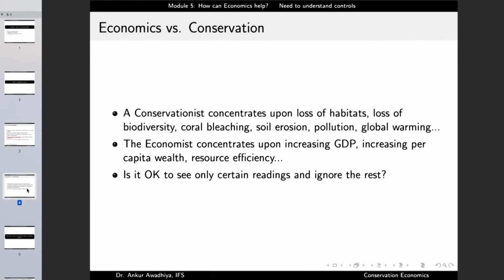Now, similarly, when we talk about economics or when we talk about conservation, why do we do economics? The aim of economics is to maximize the availability of resources, to maximize the benefits of resources to mankind. And why do we do conservation? We do conservation for precisely the same purpose. Why do we need plants and animals?